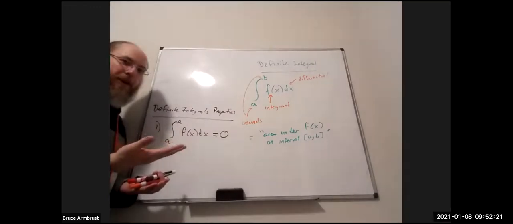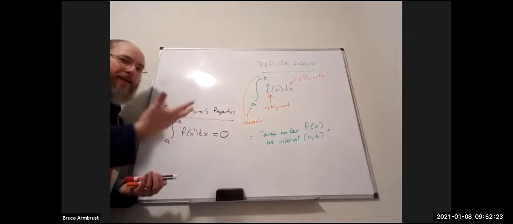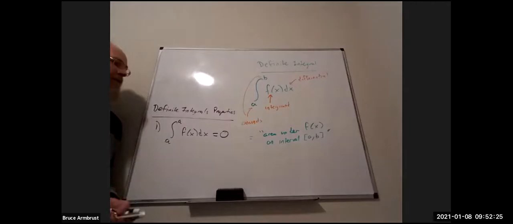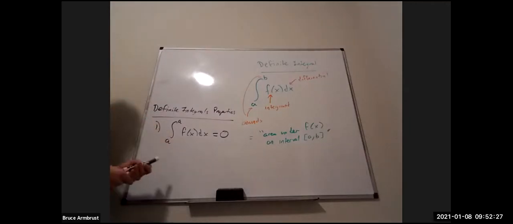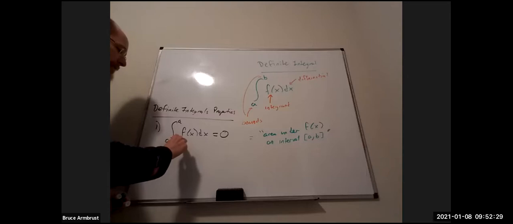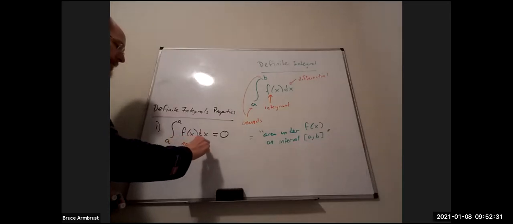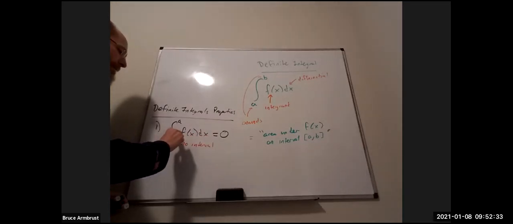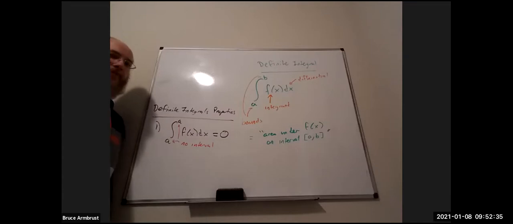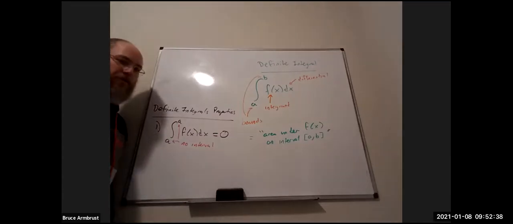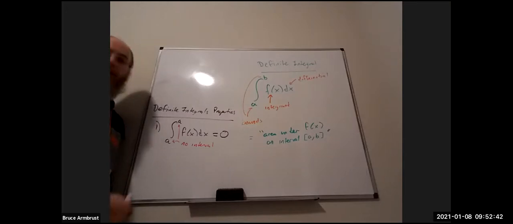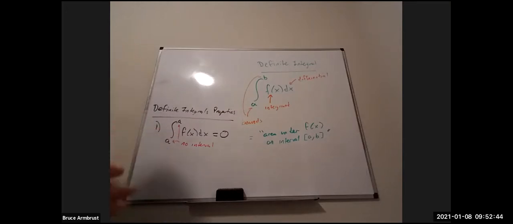There is no area, right? At best, it's a line, so it's got no area. So that's exactly it: this basically means that there's no interval. So if there's no interval, of course we're going to get 0 when we do this. Okay, so there's your first property.